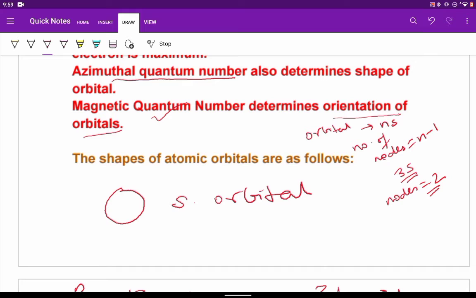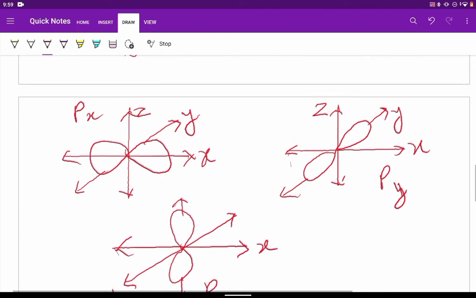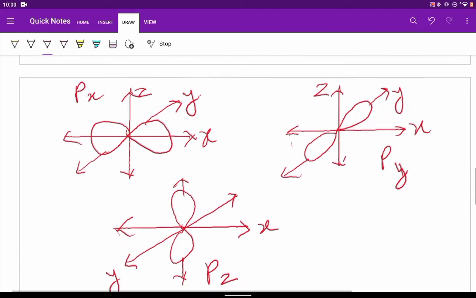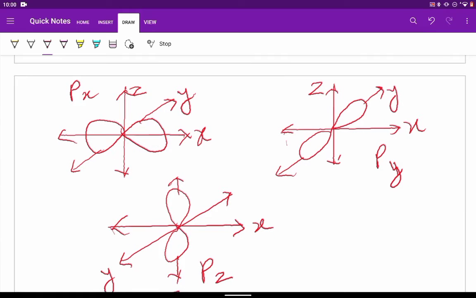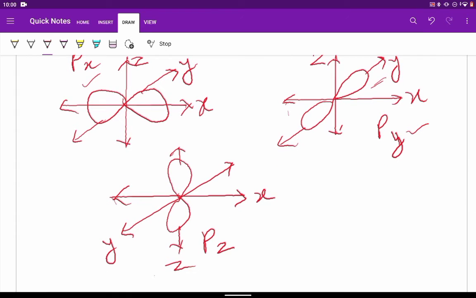The shapes of the orbitals can be expressed by boundary surface diagrams. So for the s orbital, you see, this is the shape of the s orbital. The p orbitals, there are three types: px, py and pz. If it is along the x axis it is the px orbital, along the y axis it is py, and when it is along the z axis we term it as the pz orbital.